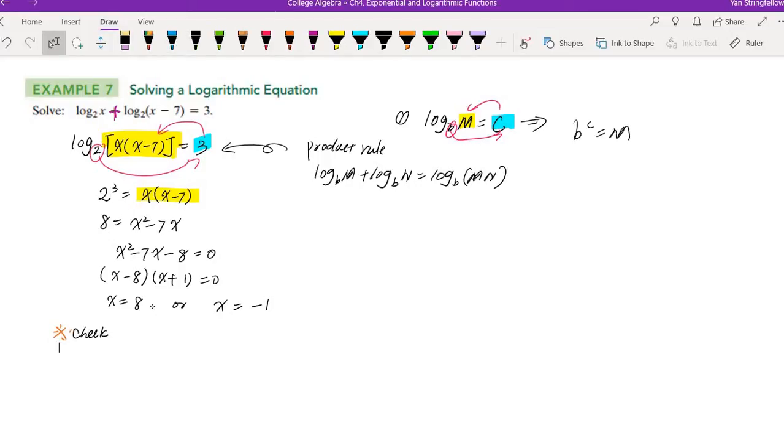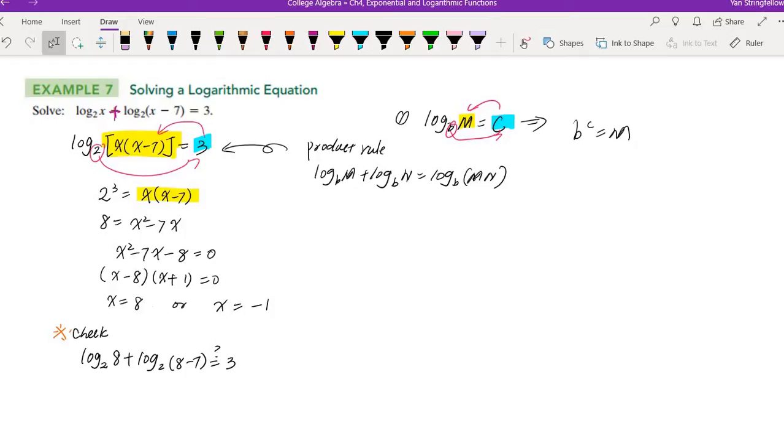Okay, so if I'm going to check x equals 8, I'm going to bring this back to the original equation, that will be log base 2 of x, which is just going to be 8, and then plus log base 2 of, again, x is just going to be 8 minus 7. We're going to check, is it going to give you 3?